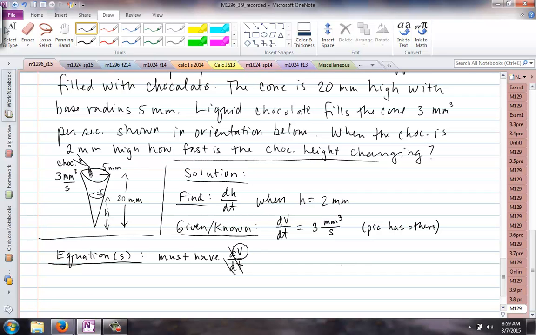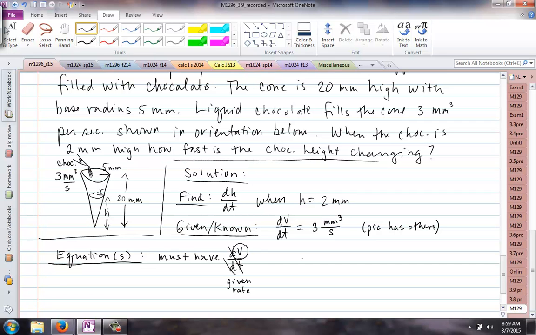It must have the volume because that was given as a rate, so the equation has to have V in it for sure.